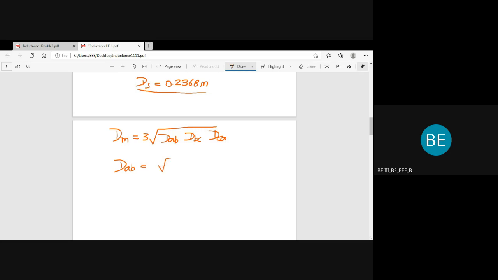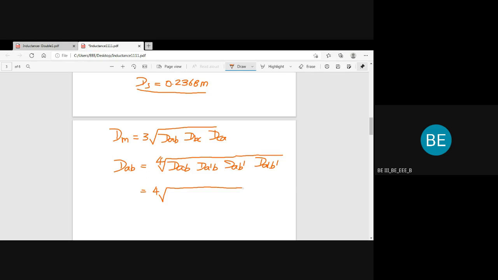So again I am taking the root. So I consider D_AB, then D_A dash B, D_AB dash, then D_A dash B dash. So we contain 4 terms inside the root. So we will put the 4th root. So we have to find the distance between conductors A to B, A dash B, A B dash and A dash B dash.